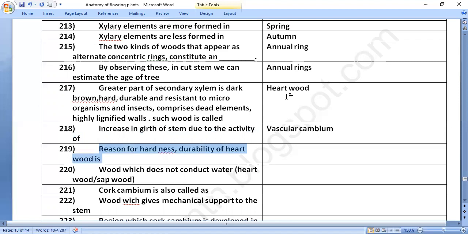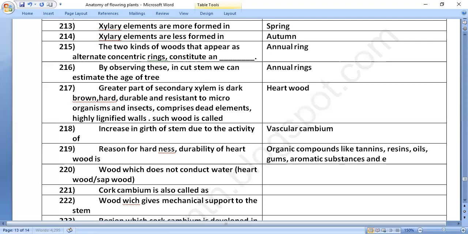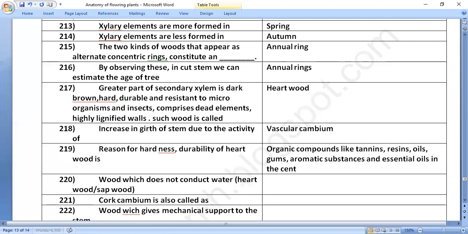The reason for the hardness and durability of the heartwood is organic compounds like tannins, resins, oils, gums, aromatic substances, and essential oils in the central or innermost layers of the stem.